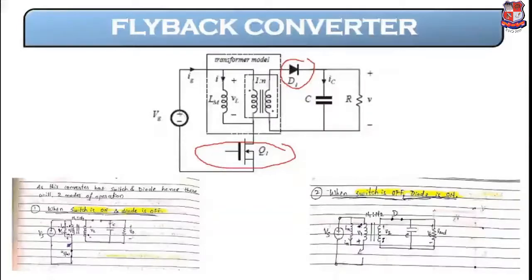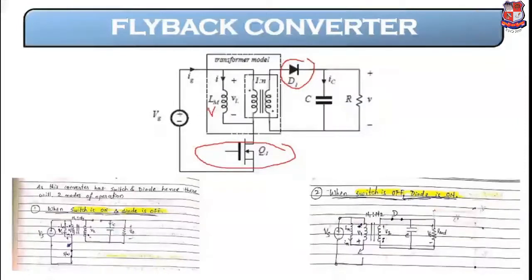If you look carefully, you will observe that when the input voltage is supplied on the primary side, there will be some primary magnetizing inductance Lm.